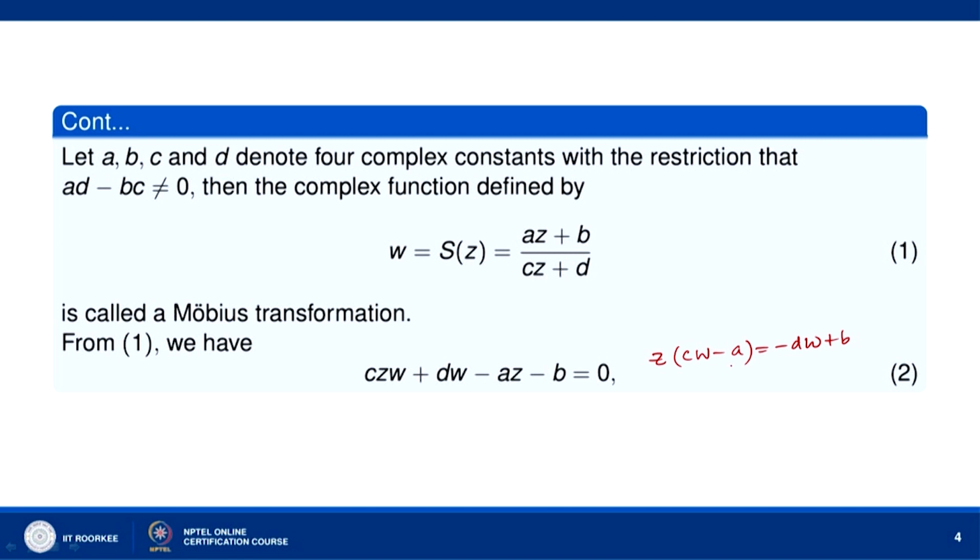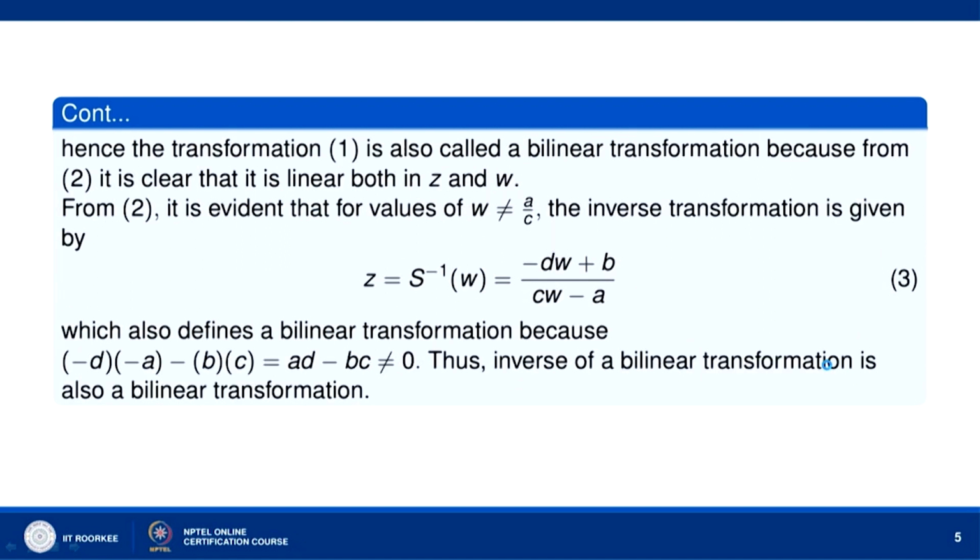Therefore, if w is not equal to a by c, we may write z equal to (minus dw plus b) divided by (cw minus a). So, if w is not equal to a by c, we can write the inverse transformation, z equal to S inverse of w, which is given by (minus dw plus b) over (cw minus a).